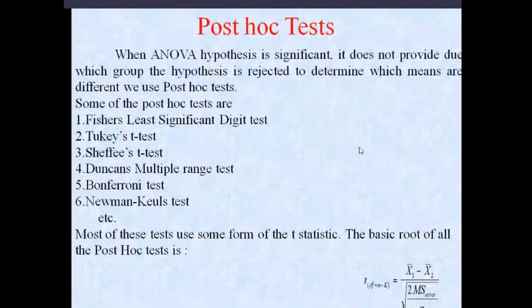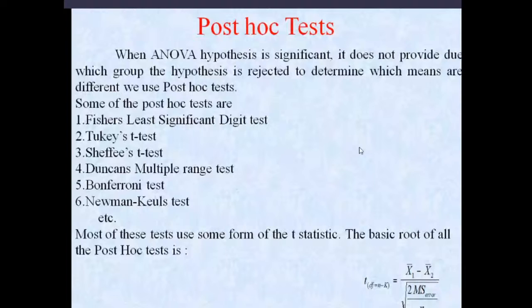So in that type of situation, you generally go for post hoc tests. That is, after the analysis of variance is conducted, if the hypothesis is rejected, then only you go for post hoc tests. Suppose the hypothesis is accepted, there is no necessity for going for post hoc tests. There are many post hoc tests. Almost all the post hoc tests are simply based on a t-test with slight modifications.